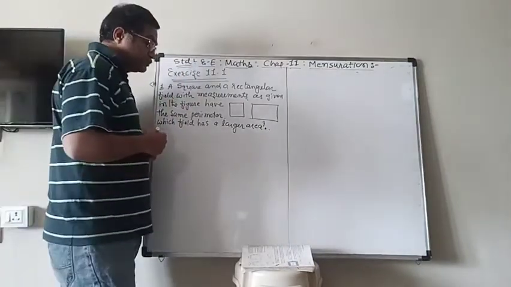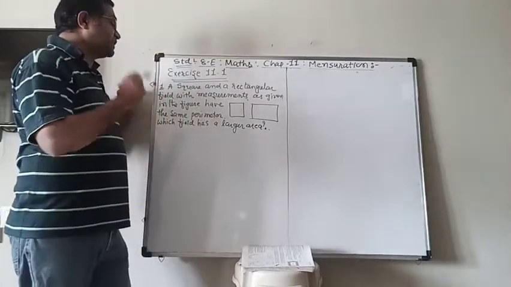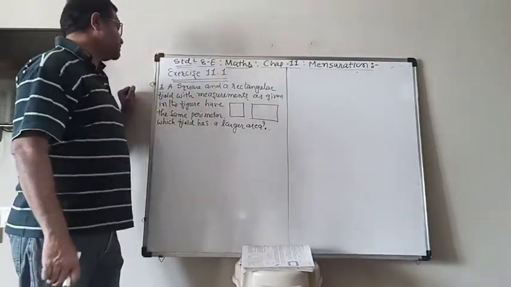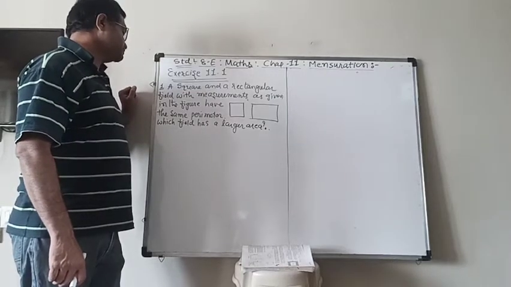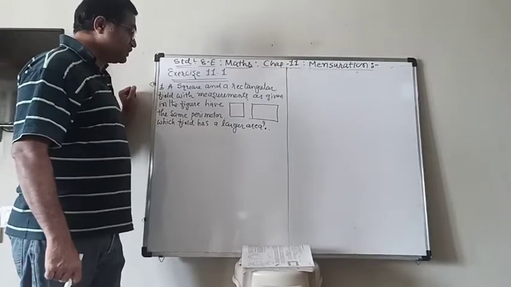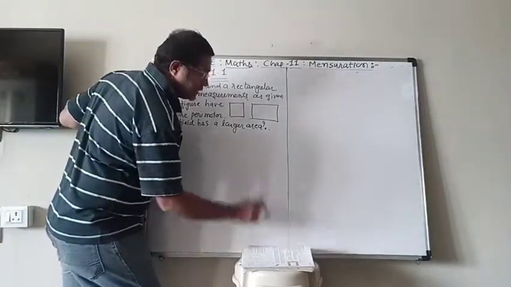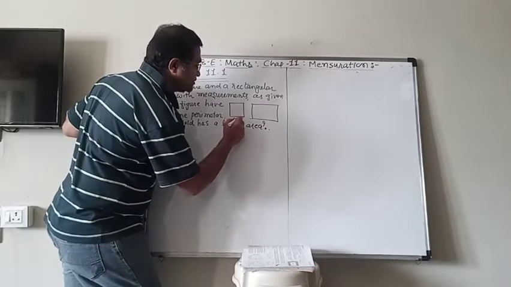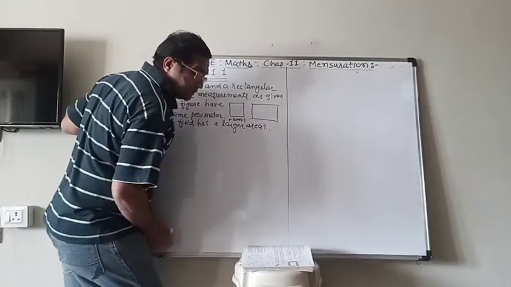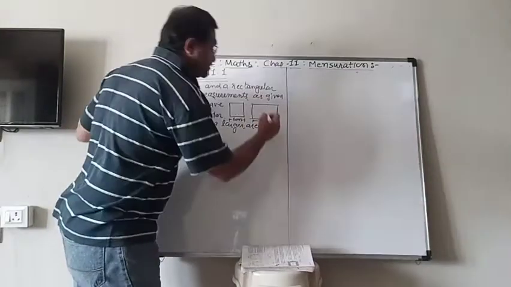Here the first question is that a square and a rectangular field with measurements as given in the figure have the same perimeter. Which field has a larger area? Here given that the length of the square is 60 meter and length of this rectangle is given as 80 meter.